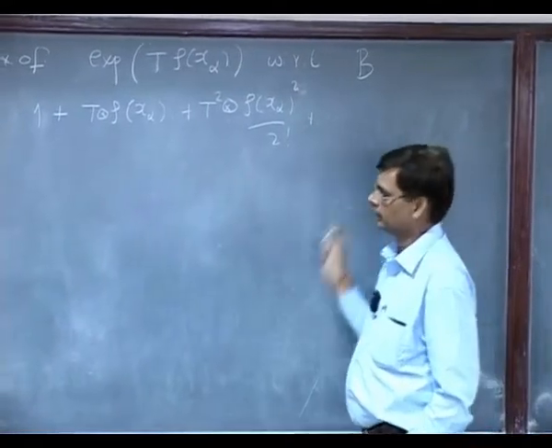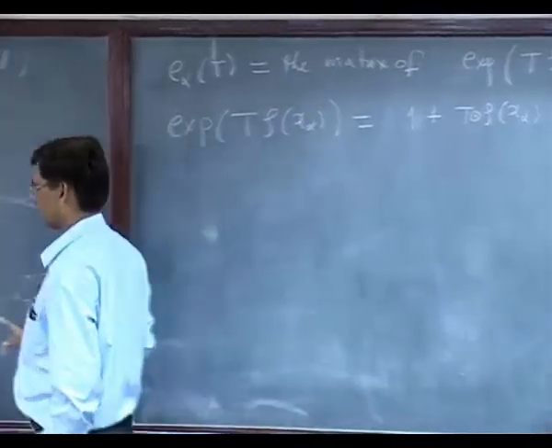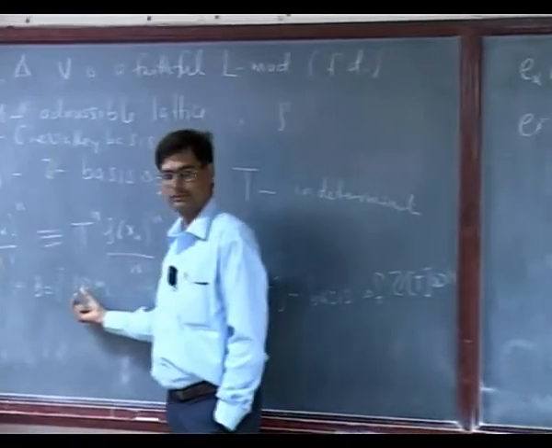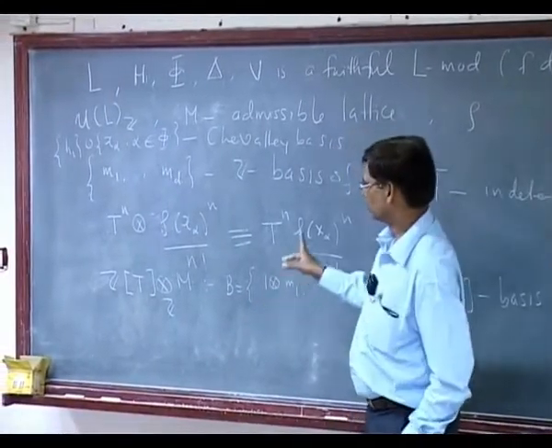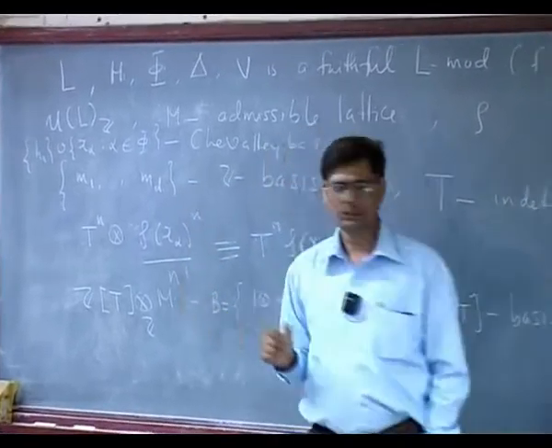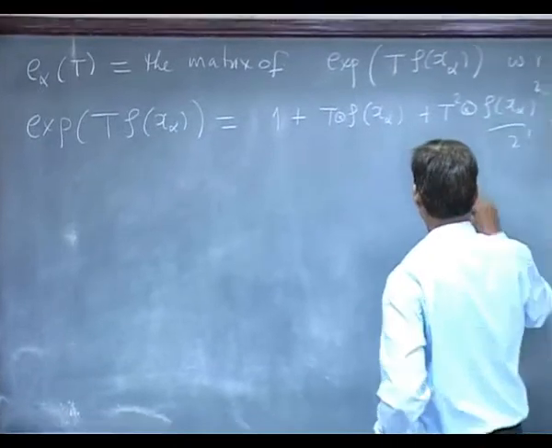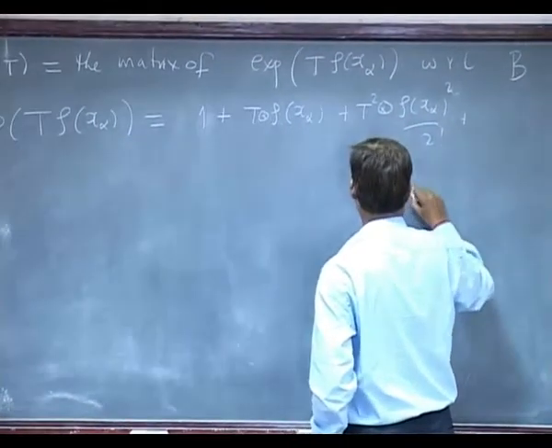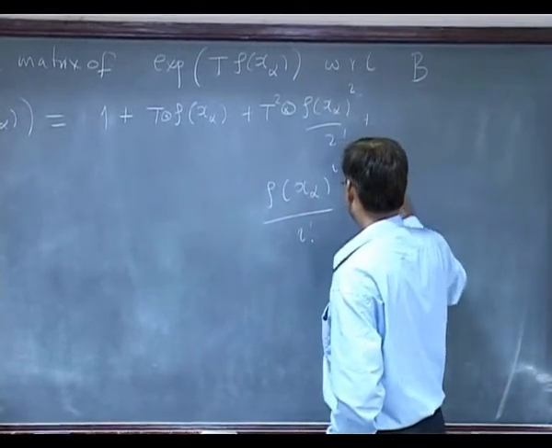Okay. So, if I take the effect of this transformation at m1, then what will happen? Since this is an admissible lattice, this kind of transformation rho(x_alpha)^i by factorial i takes M inside M.